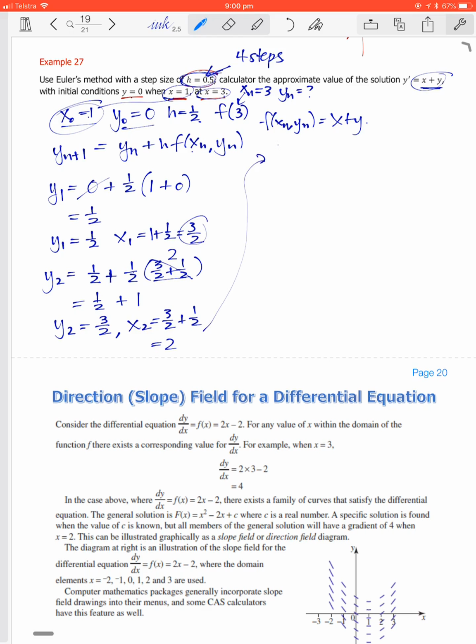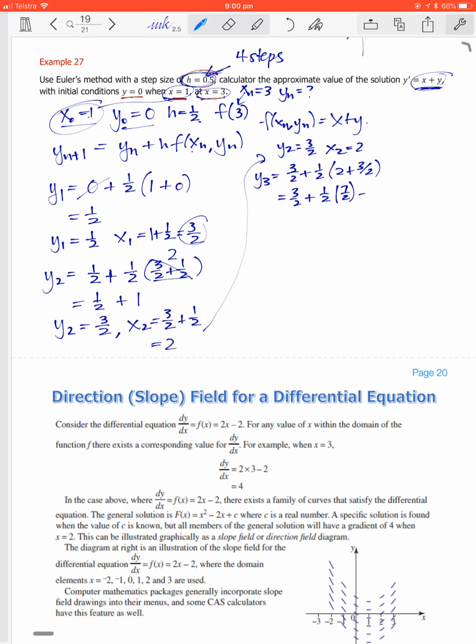So bring that up. y2 is 3 on 2, x2 is 2, y3 is y2, 3 on 2, plus a half times f of x plus y. So add these two things together, 2 plus 3 on 2.